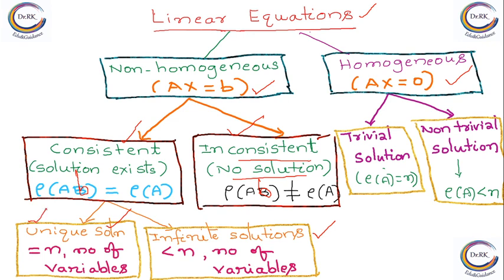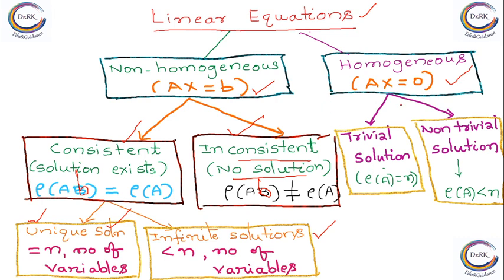That is the first kind of solution we discussed. If rank of AB equals rank of A and is less than the number of variables, n, meaning the variables in the X column vector, then the system will have infinitely many solutions.